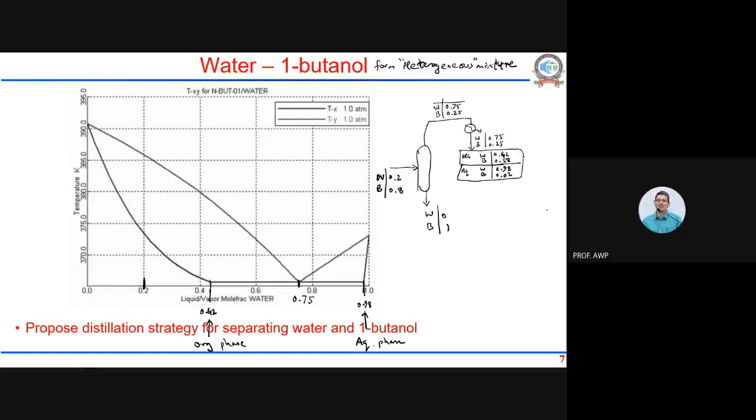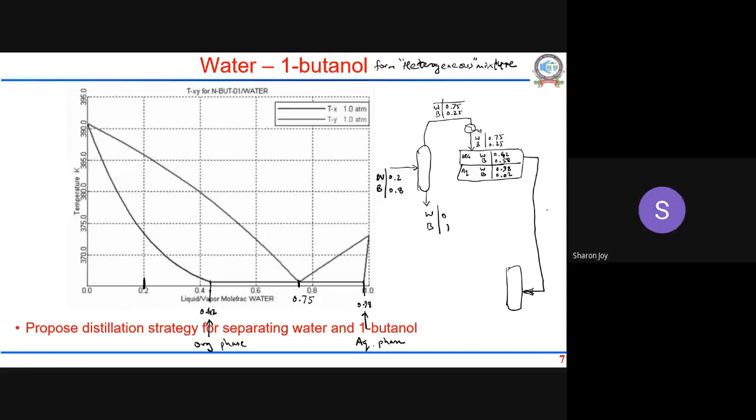Okay, so organic phase, I will send it to one distillation column. I will get what? We can recycle the organic phase back to the first distillation. Aniruddha, let Sharon complete, then we will see what your idea is.